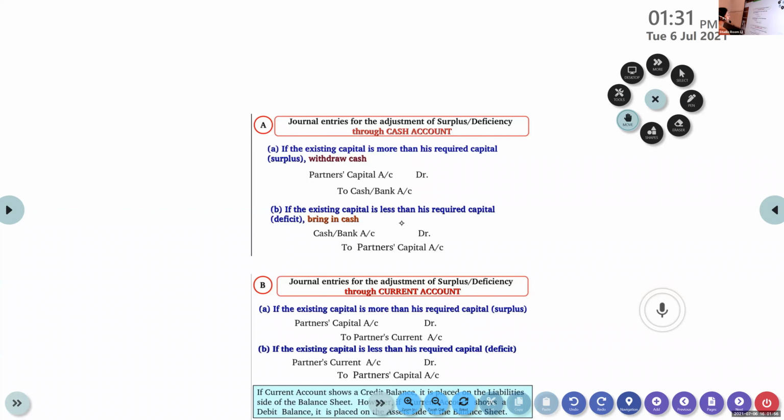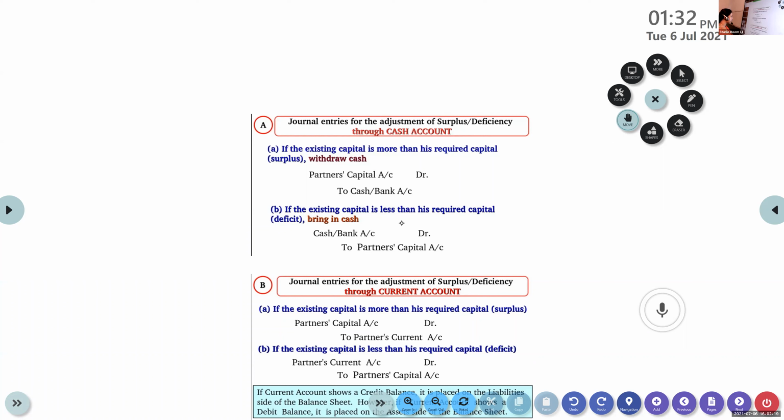If the existing capital is less than the required capital, then more amount should be contributed.